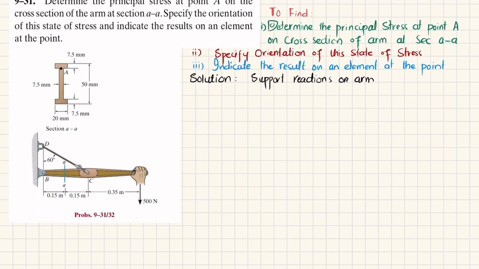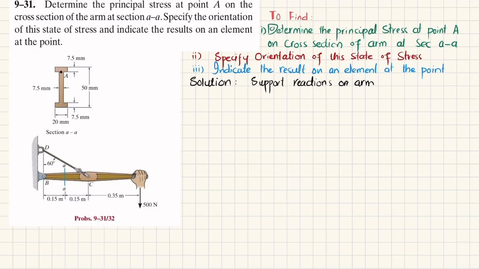You can see this is the arm, and if you remove the pin support at point B, you will have a horizontal reaction force Bx, and a vertical reaction force By. And this is the rope CD which exerts a force FCD on this arm, and that makes an angle of 30 degrees, because this is 60, this is 90, and this will be 30 degrees.